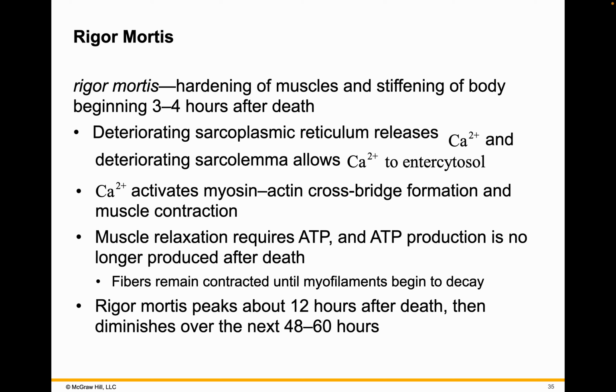Muscle relaxation requires ATP, and we don't have ATP being produced after death, so the fibers remain in a contracted state until the myofilaments begin to decay. Rigor mortis tends to peak approximately 12 hours after death and then diminishes over the next 48 to 60 hours.